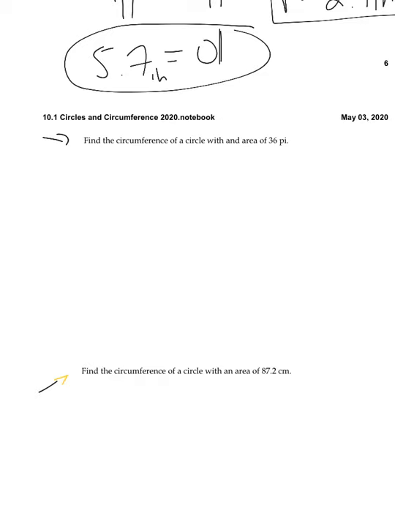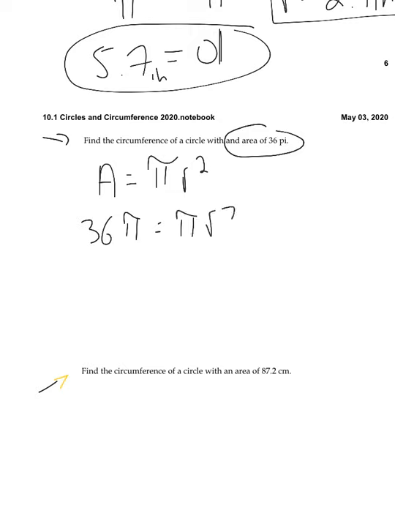Alright, so find the circumference of a circle with area of 36 pi. So I am giving you area. Area is equal to pi r square. So 36 pi is equal to pi r square. I can divide by pi.